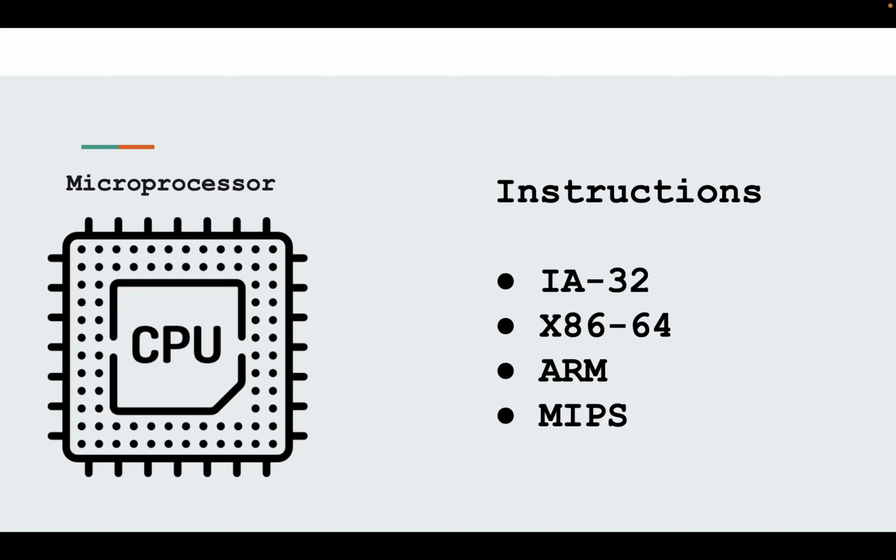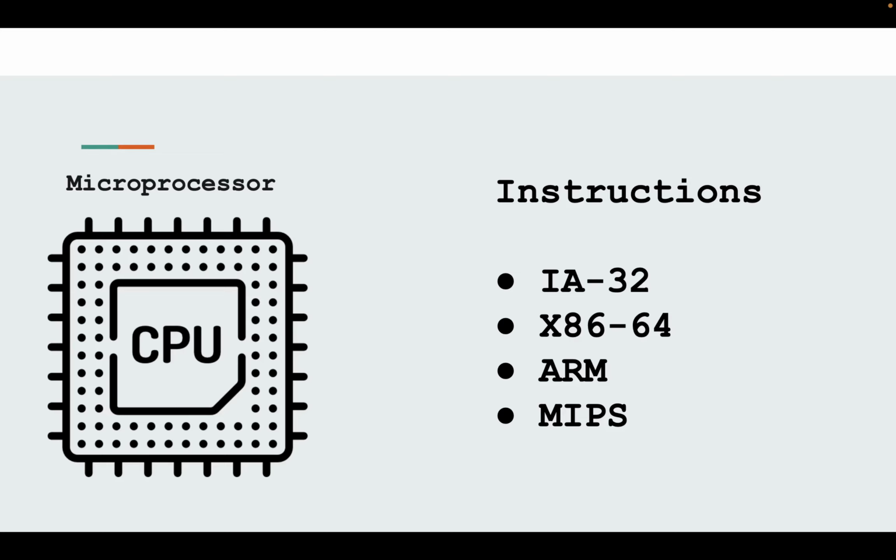We give the microprocessor instructions. The microprocessor speaks a language. Now, not all microprocessors are the same. In fact, they don't all speak the exact same language. When we give instructions to the microprocessor on your computer for it to run a program, it's going to get those instructions in the particular language that it understands.